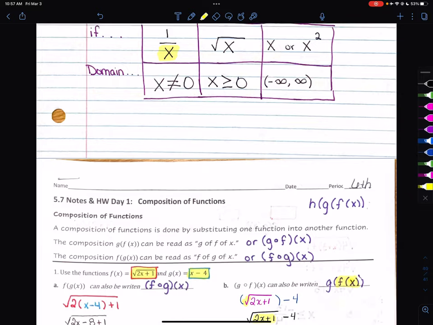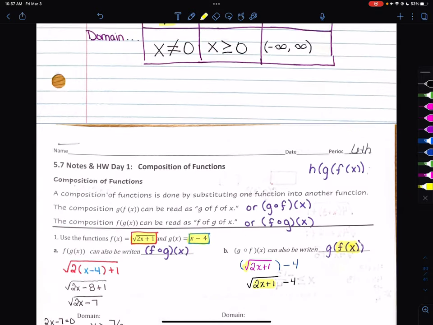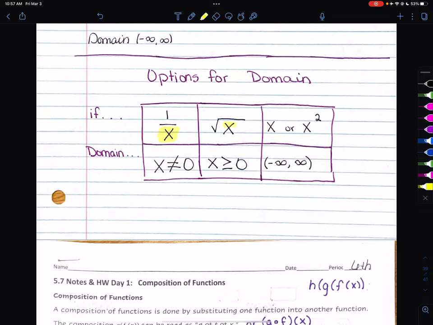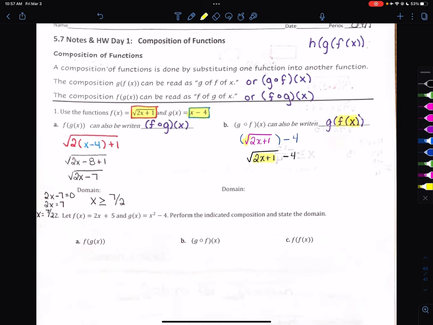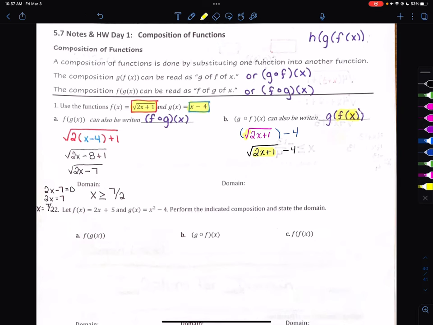Then is 2x plus 1 underneath the radical? Yes. So when it's underneath the radical, we take the radicand and set it greater than or equal to 0 so we can find our domain. So I'm going to take that radicand, 2x plus 1, and set it greater than or equal to 0.